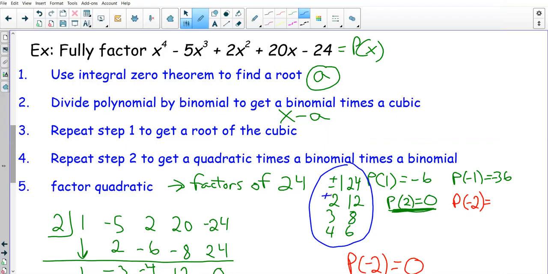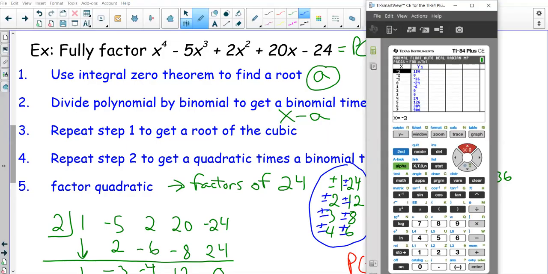And remember, we're looking at positive and negative for all of these factors. I'm just looking for the values where I have a root, or where the function is equal to 0. So I can see that I have roots at -2, at 2, and at 3.